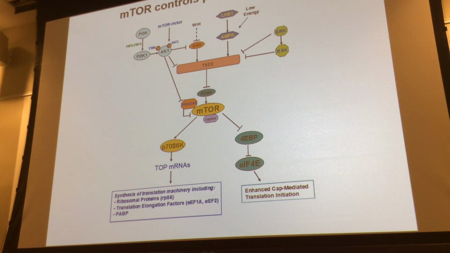I always tell people, even when I give seminars, that for non-signaling people, when they look at this kind of cartoon, they always say, oh gosh, there are too many arrows, and it's so sophisticated.